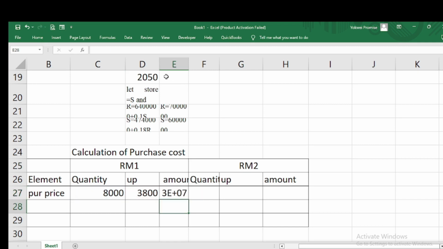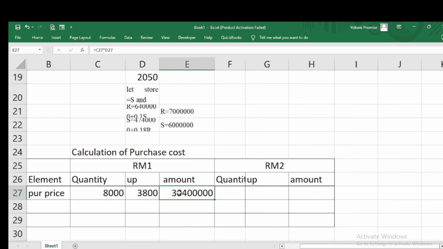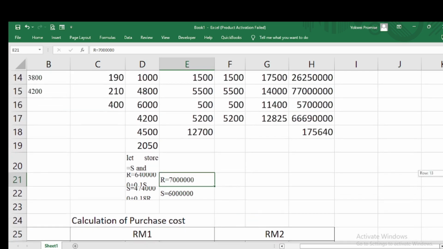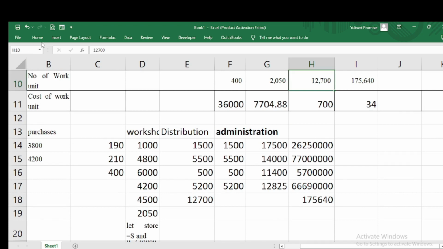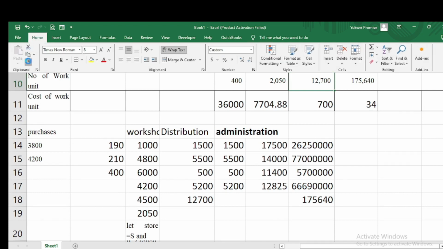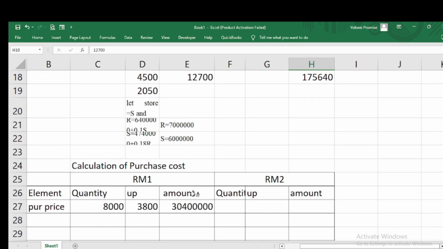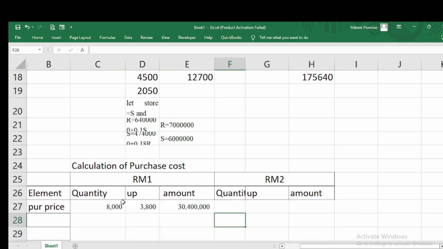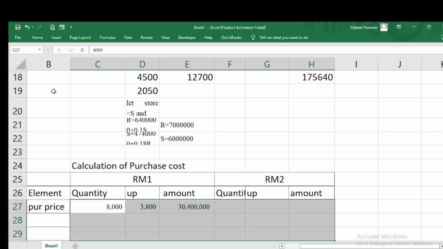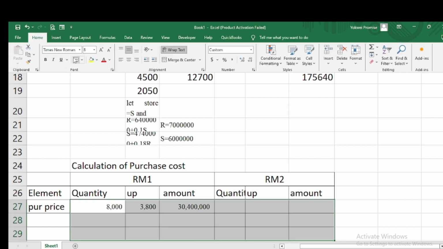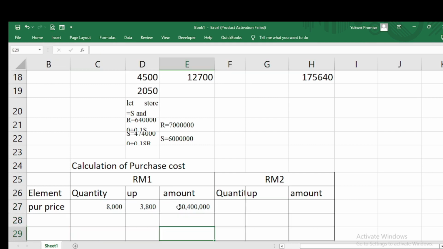Then we have this, which is 30 million. You just copy this. Of 30,400,000, and then indirect purchase expenses.